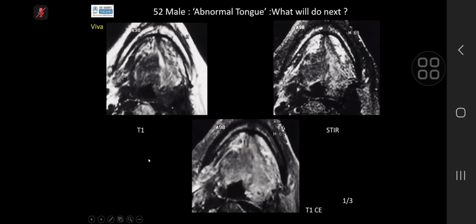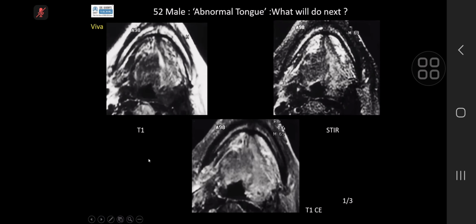So we've got selected sequences, T1 STIR and T1 post-contrast sequences through the floor of the mouth. We can see that there's an area of increased signal intensity within the left side of the tongue muscles, and on STIR imaging it demonstrates high signal intensity, and on the post-contrast study there's no particular enhancement that I can appreciate, though it does look symmetrical.